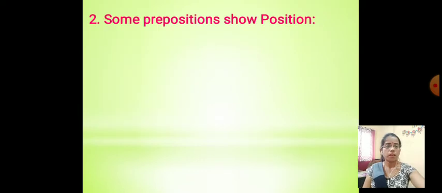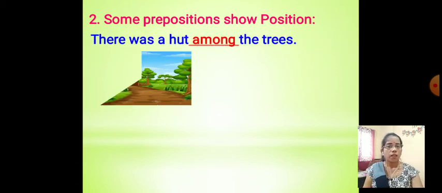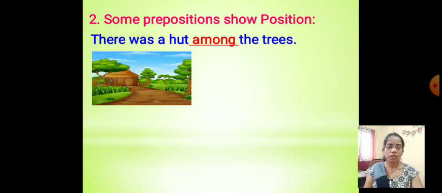Second one, some prepositions show position. There was a hut among the trees. Now here, where was the hut? Among the trees. Now among shows the position of the hut, which is nearby the trees.